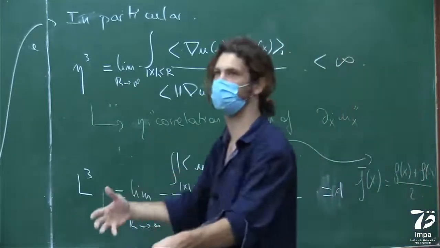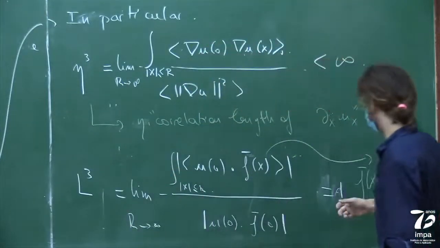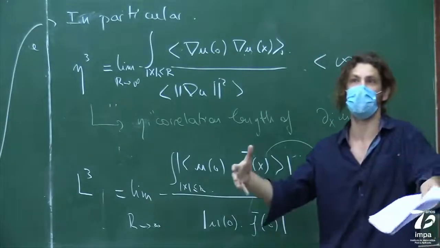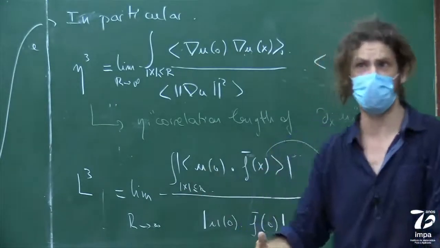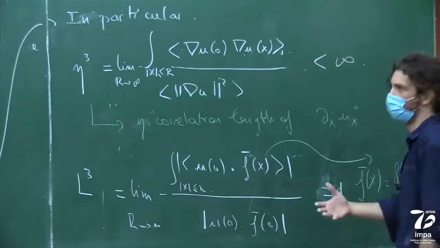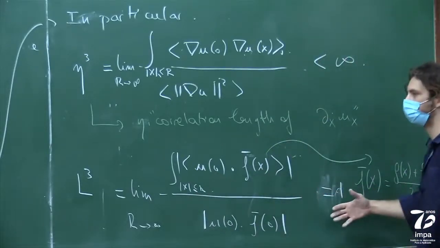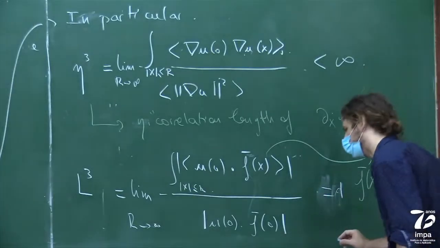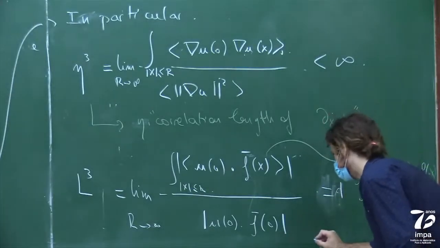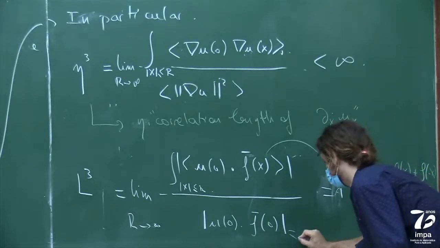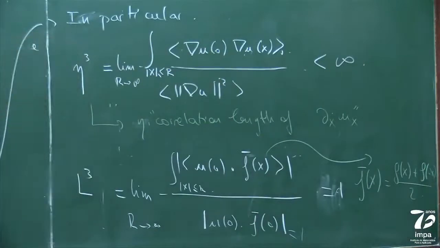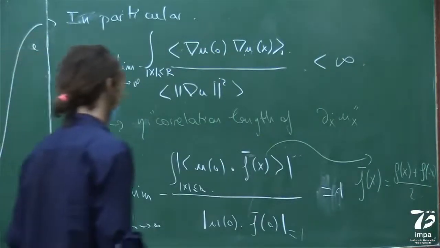So we are forcing, and the requirement that this is finite means that we are injecting energy at a finite scale, and as we were discussing, we can prescribe this correlation length to be finite, and also prescribe without loss of generality that this is equal to 1.